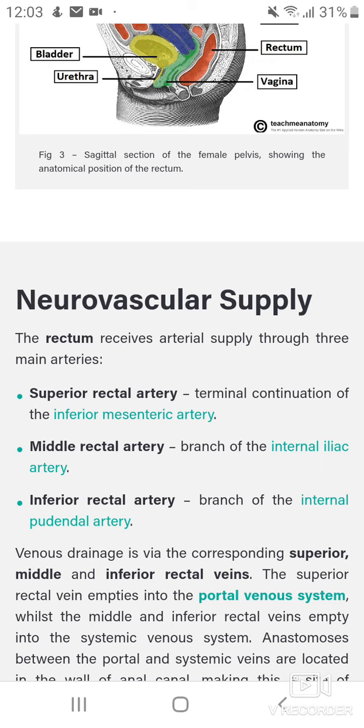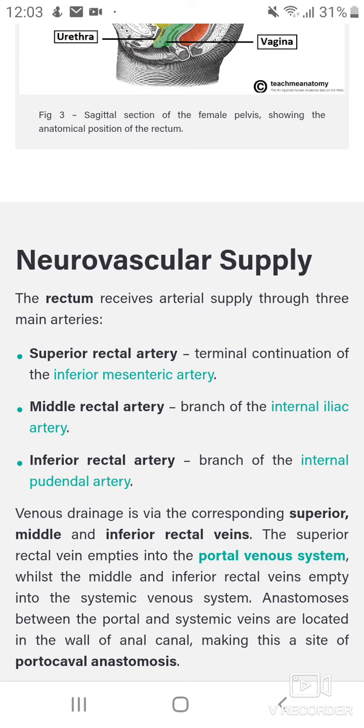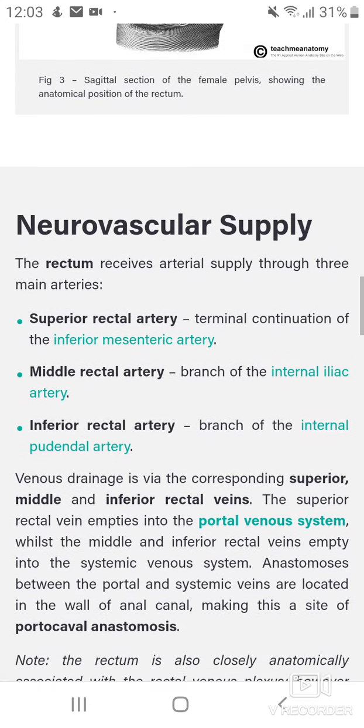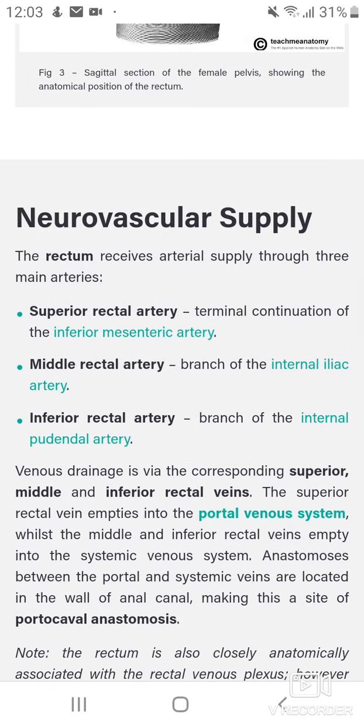Venous drainage is via the corresponding superior, middle and inferior rectal veins. The superior rectal vein empties into the portal venous system, whilst the middle and inferior rectal veins empty into the systemic venous system.